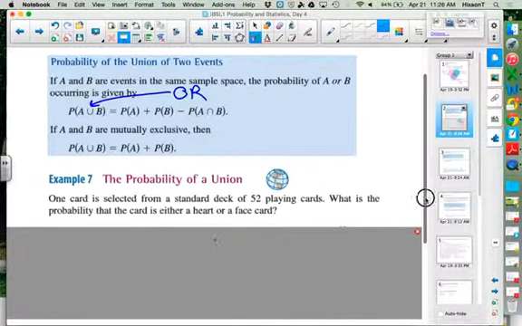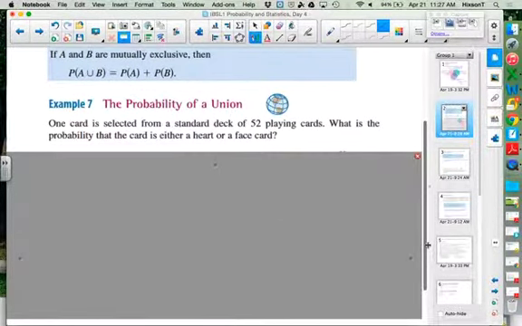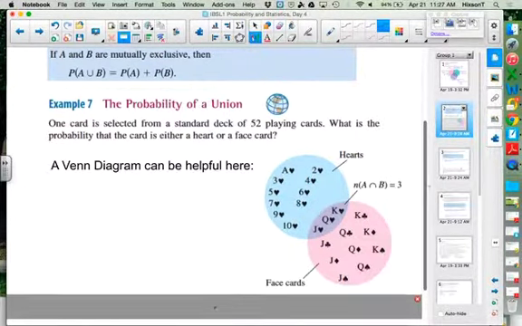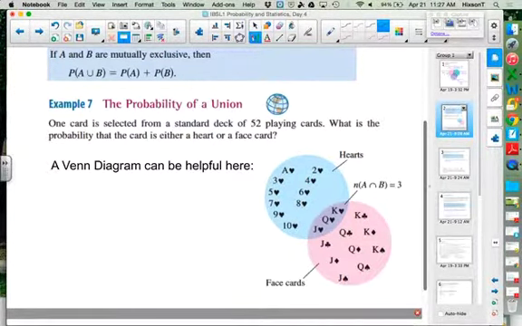So this is one where having that Venn diagram could be helpful. They made a Venn diagram for us here. You'll see here are all of the face cards, here are all of the hearts, and the intersection is not empty, so I know they're not mutually exclusive.